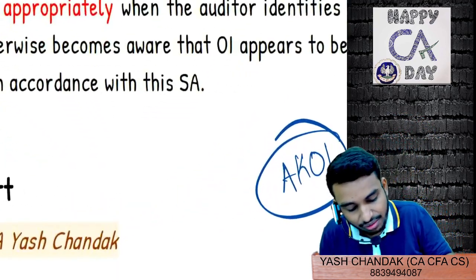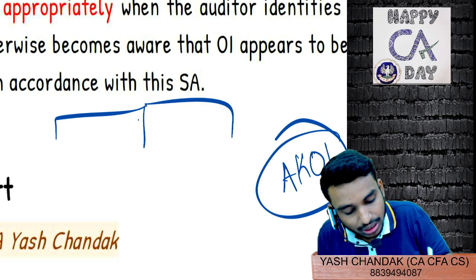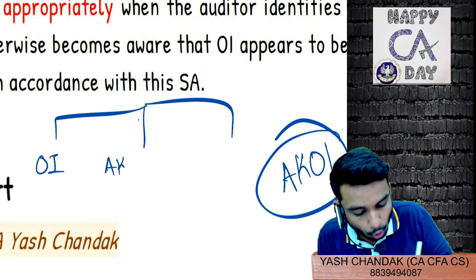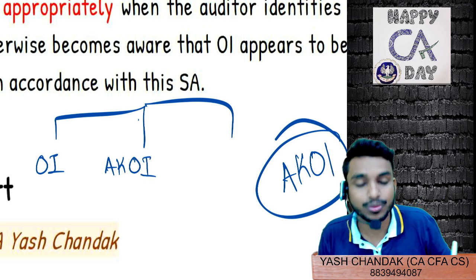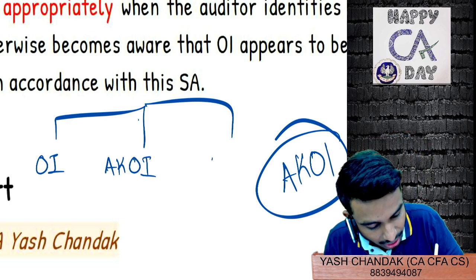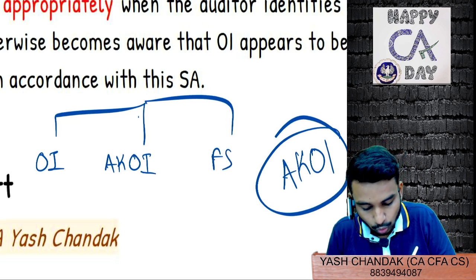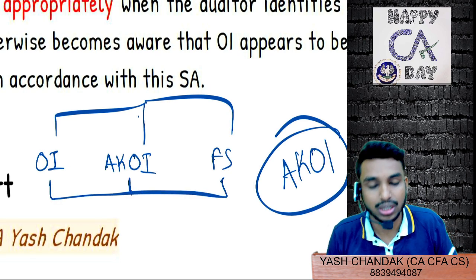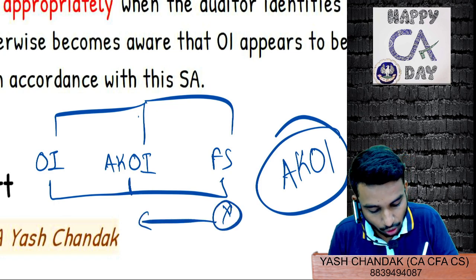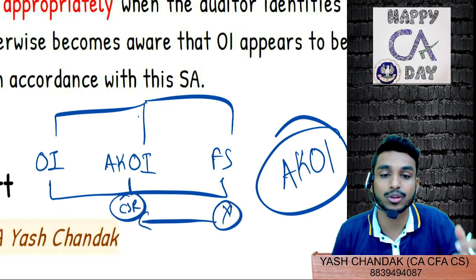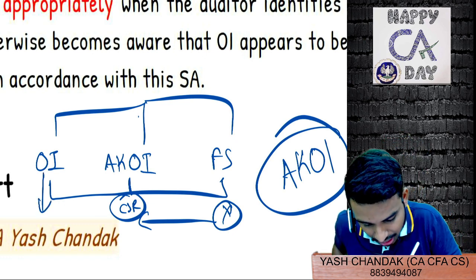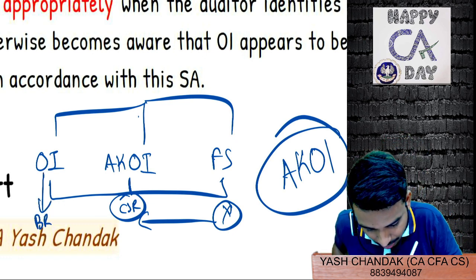So we have to deal with three things here. One is other information, the second is the auditor's knowledge with regard to other information obtained during the audit, and the third is the financial statements. We have to tally all. Suppose there is a CSR figure in the financial statements, we have received certain workings, that knowledge we have regarding the CSR, and we also see it in the board report or CSR report.